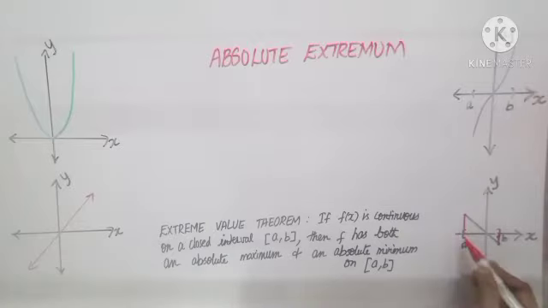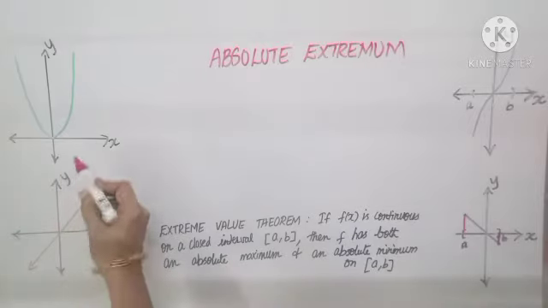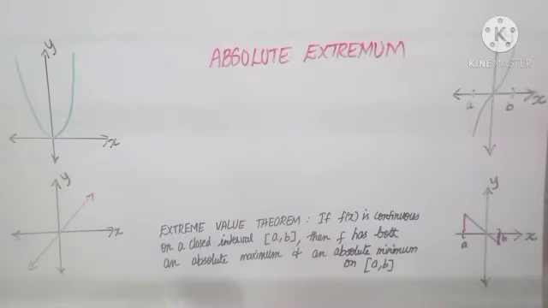So whenever there is a closed interval, definitely there will be a maximum and there will be a minimum. This we call absolute extremum. So absolute extremum is available definitely if it is a closed interval. When it is an open interval, it may be there, it may not be there.